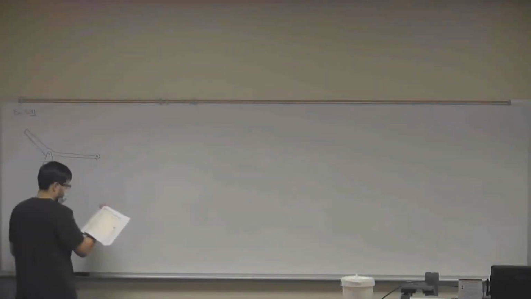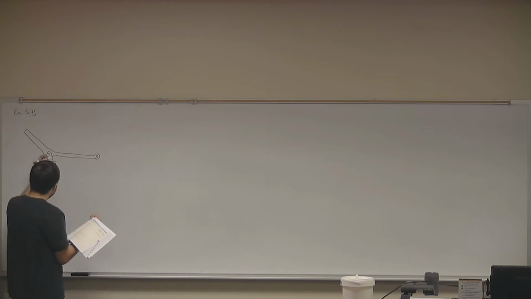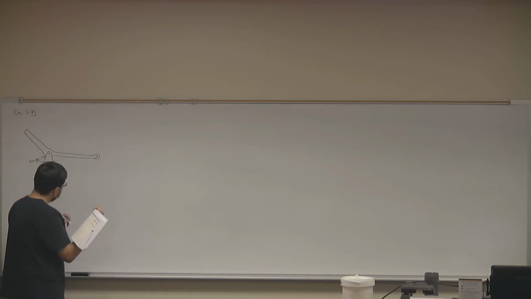Remember that hinges are sometimes called pins. And this is connected to something else. It says the member shown in the figure is pin connected at A. I'm just going to call this A if it helps you.